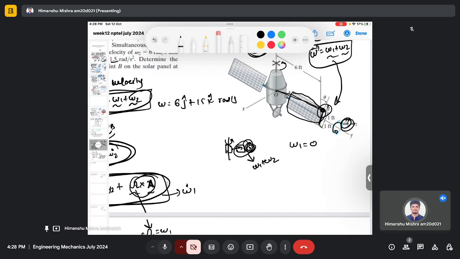You can calculate the position vector from the diagram itself.